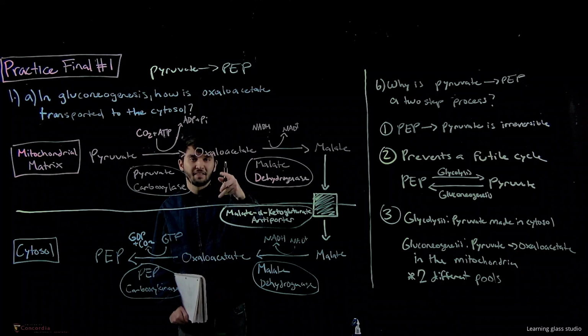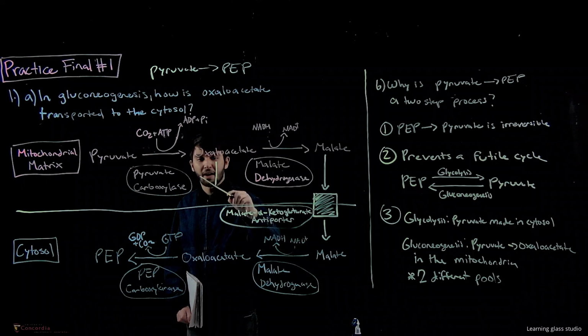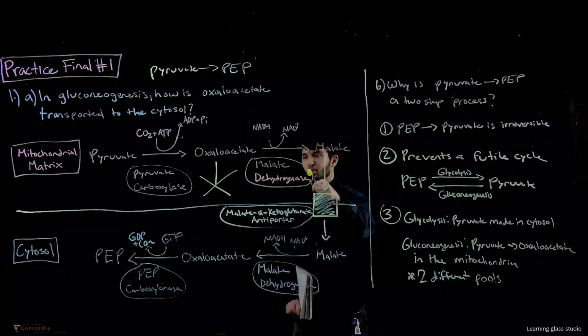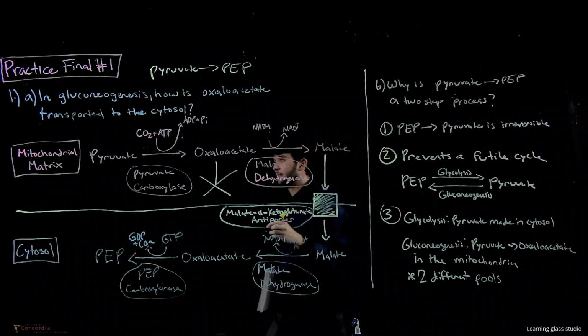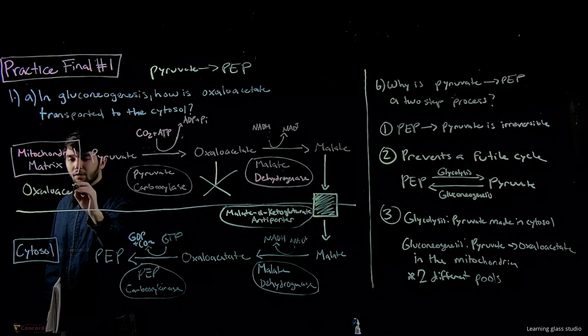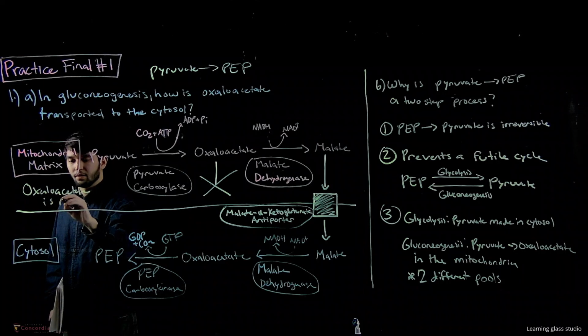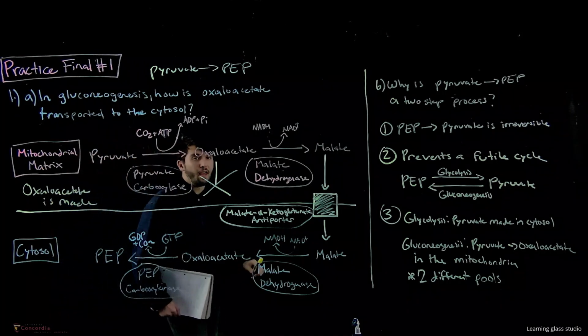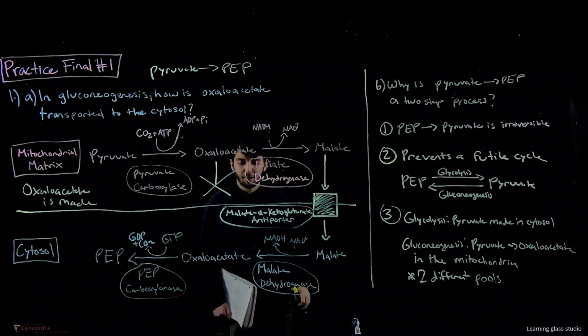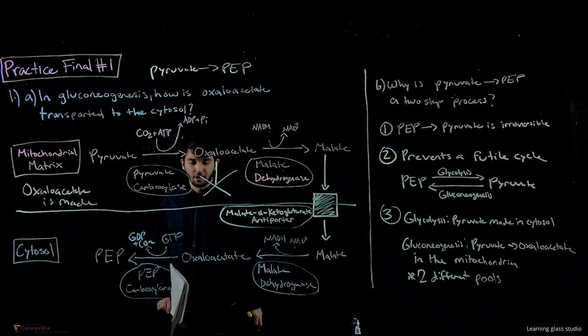So oxaloacetate cannot pass the membrane, but malate can. Oxaloacetate is made in the mitochondria, and then it's converted into malate. Malate passes through the membrane into the cytosol. Malate is converted back into oxaloacetate through malate dehydrogenase.